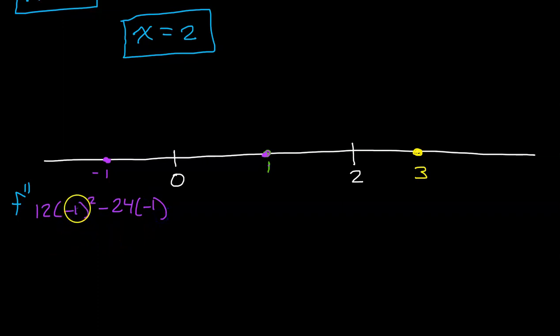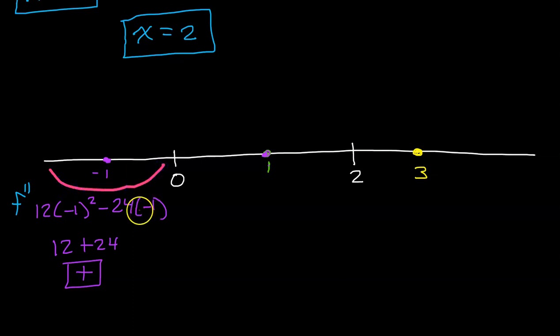Negative 1 squared is positive 1, so this will just be 12. And negative times negative is a positive. So what matters is that in this interval we are getting a positive number. That tells us that the function itself will be concave upwards in this interval.